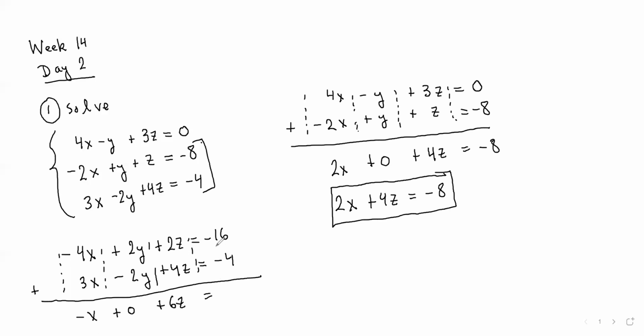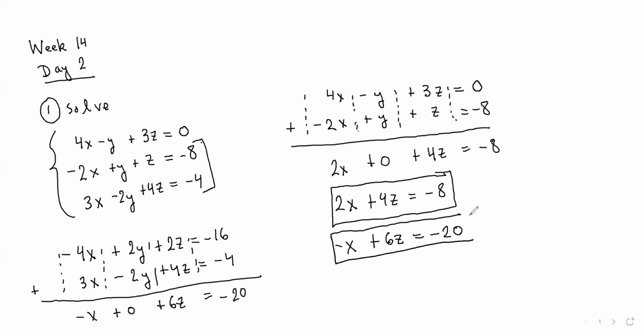And then equals minus 16 minus 4, which is minus 20. I'm going to write this one below the first equation we found, without the 0. So this is minus x plus 6z is equal to minus 20. We'll put a box around this so we can remember it.